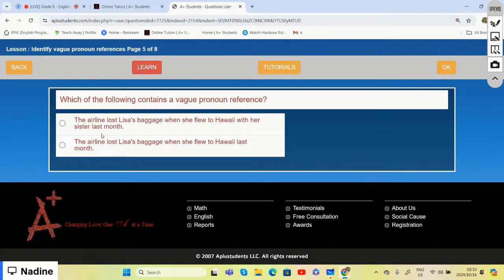The airline lost Lisa's baggage. All right. Which of the following contains a vague pronoun reference? And remember, a vague pronoun reference is not when you're being specific.